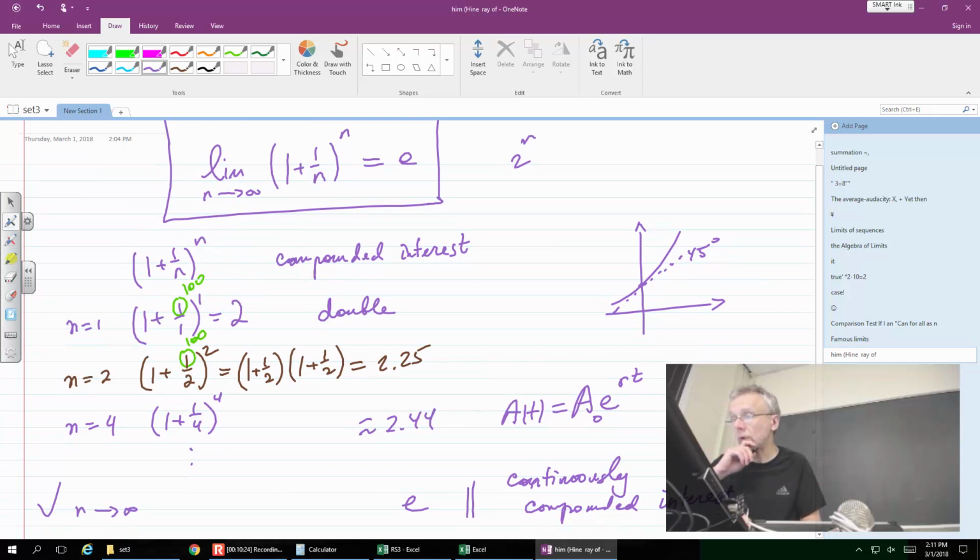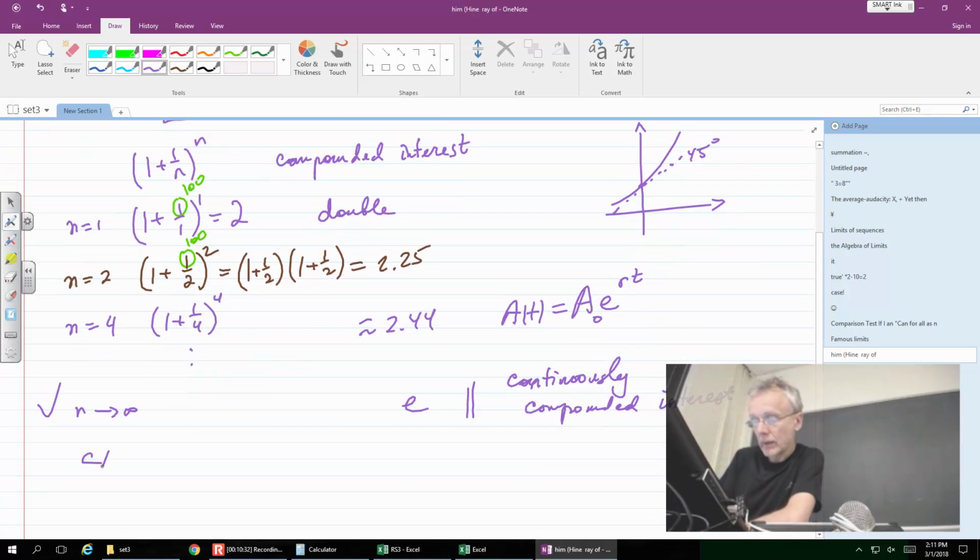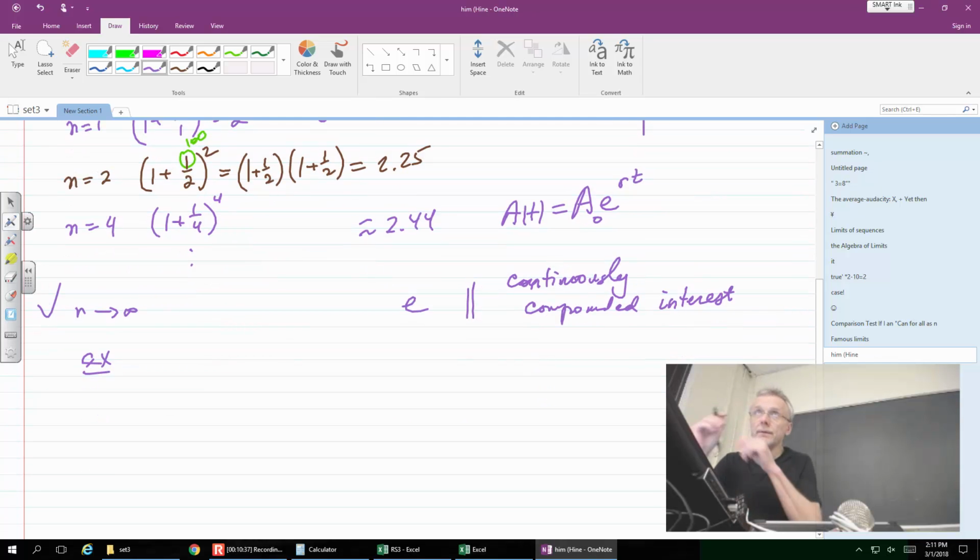There are limits also from geometry. Maybe it's worth mentioning as well, and it is the original method of finding the value of pi.